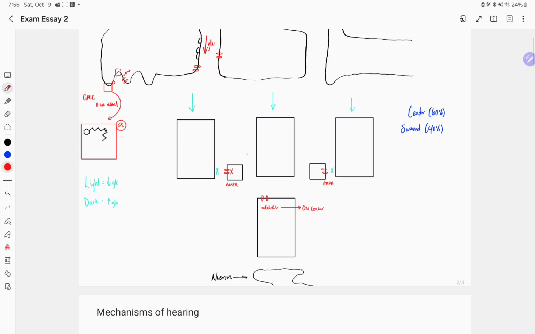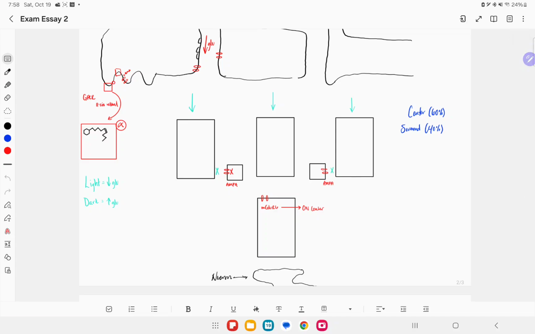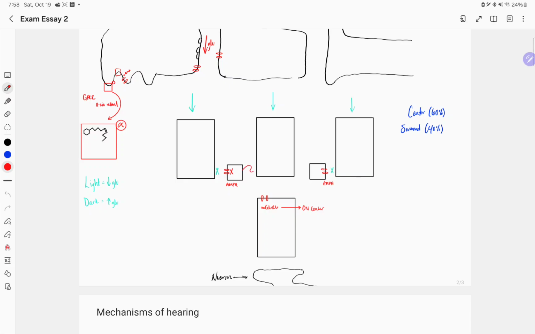And if AMPA is closed, then that means this horizontal cell is going to, let me think through this for a second. So if AMPA is closed, then that tells us that there's no GABA coming from the horizontal cell.